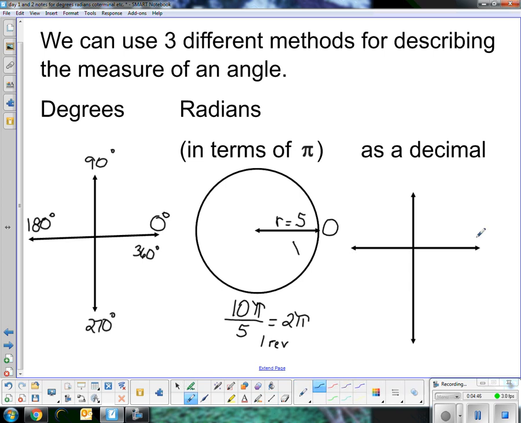You would still start at 0, but if you made a complete revolution, you would end up at 2 pi. So half of that would take you to pi, half of that would take you to pi over 2, and then 3/4 of the way around would take you to 3 pi over 2.